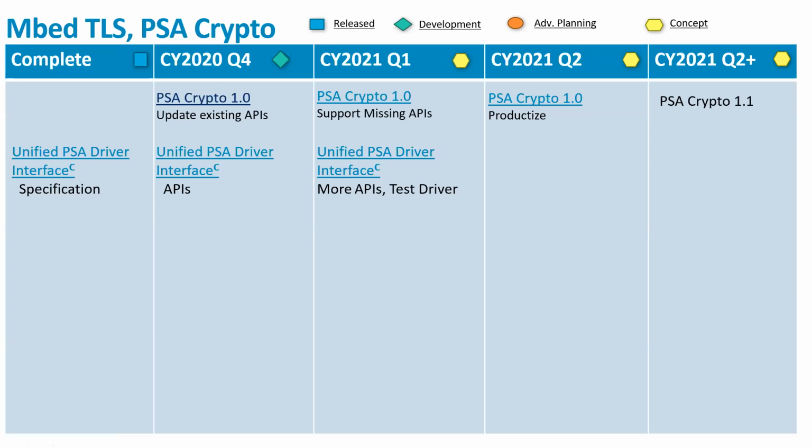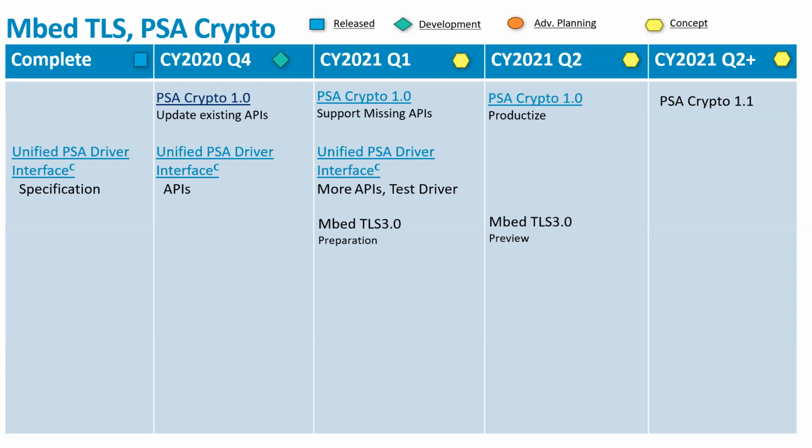One of the most interesting ones being Mbed TLS 3.0. This is something the project has been talking about for, I would say, more than a year now. The original project, when it was part of ARM, I think, was of the view that Mbed TLS 3.0 would happen in 2019. Things have moved on.